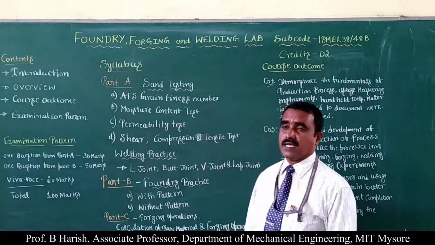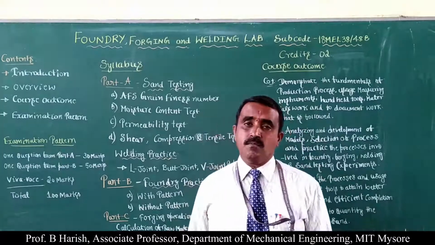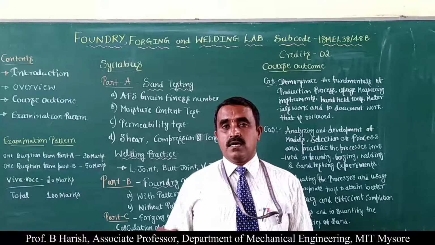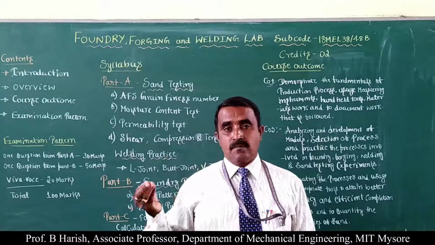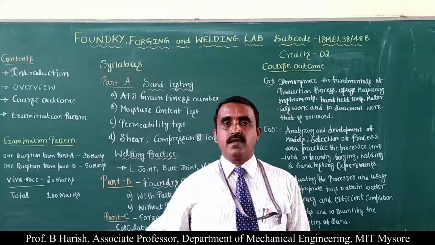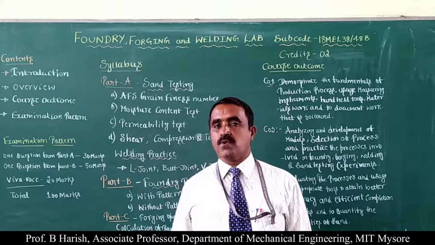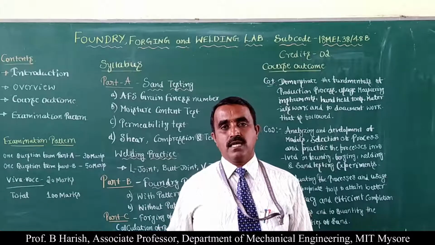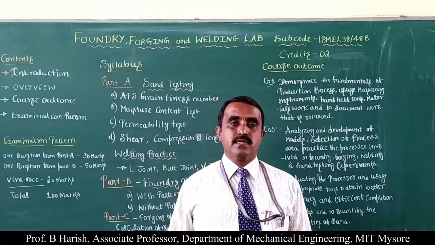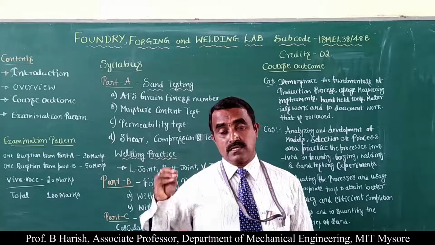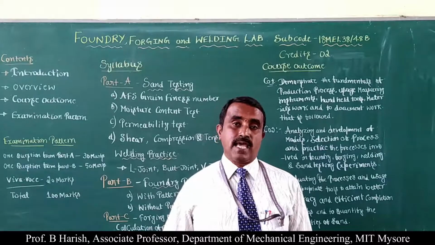The third one is permeability. Once again, preparing the mold: once the mold is prepared, the metal is heated and poured into the cavity. Heating is done in the open atmosphere, and pouring of molten metal is done in the open atmosphere. Hence atmospheric gases will mix with the material which is in liquid state. This leads to a defect in the finally cast part.